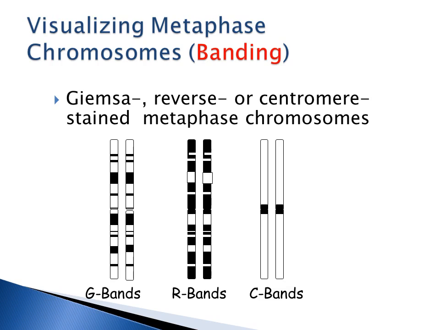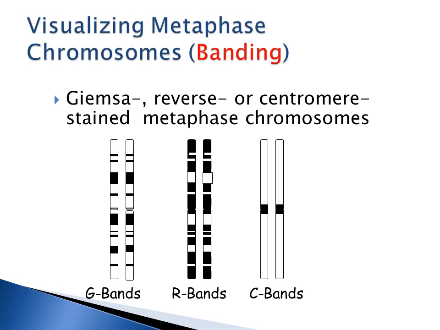So the Giemsa staining produces G bands, and the Giemsa stain stains heterochromatin. Now, harsher treatment of the chromosomes before Giemsa staining will produce R banding, and that stains the euchromatin. Alkali treatment of chromosomes results in C banding, or staining of the centromere.